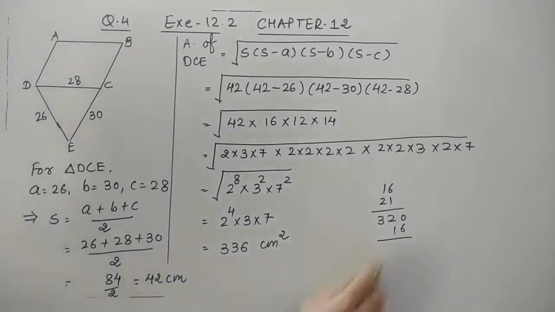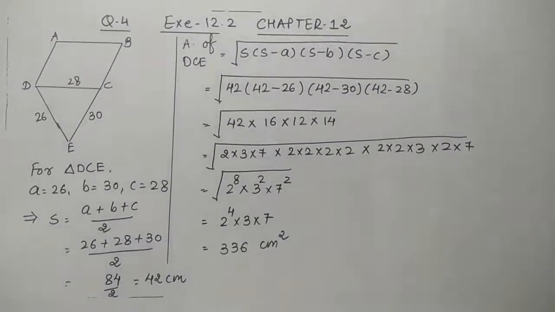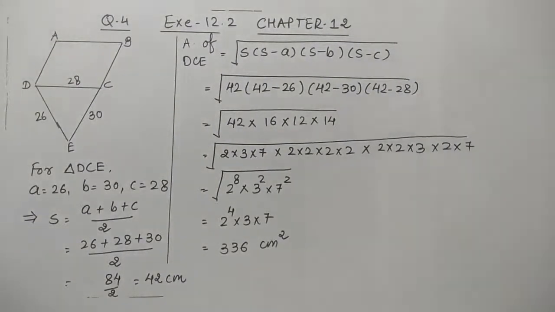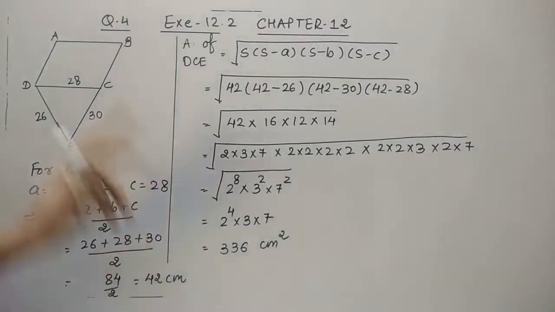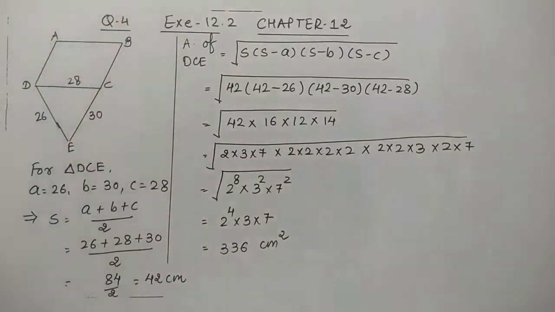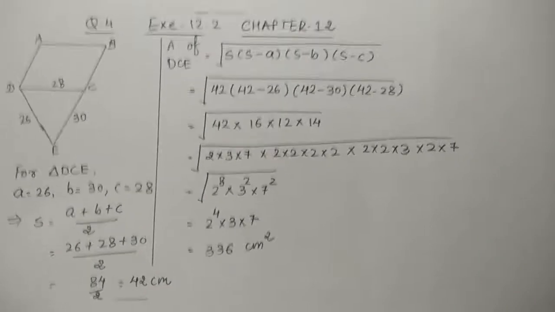This is not the answer we require. You recall the question, so you know that you have to find out the height. To find out the height of a parallelogram, as we discussed earlier, we have to compare the area of the triangle which we obtained and the area of parallelogram ABCD. For that, let's continue to compare the area.